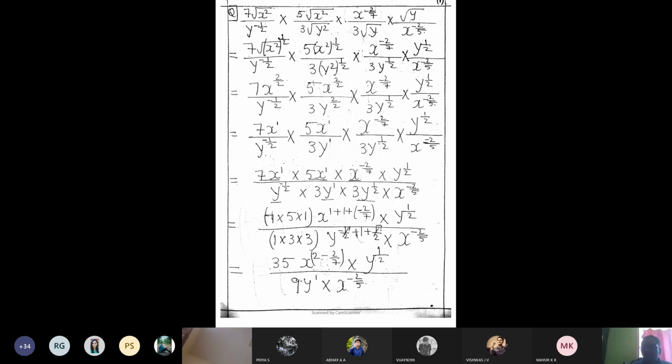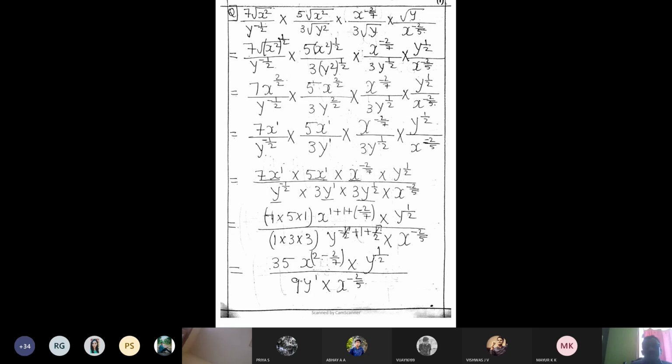Have you applied the fourth law? Yes, sir. After applying the fourth law, do the possible simplification, any cancellations or summing up. Look at this.